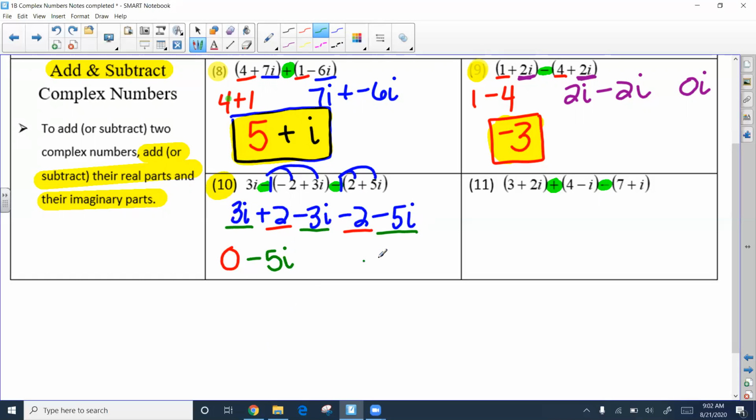So we would just write −5i. Again, all of these numbers, 5 + i, −3, or −5i, are still complex numbers, because complex numbers include both real and imaginary. Last one with adding and subtracting is number 11.